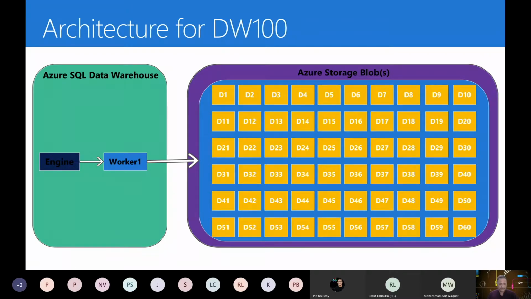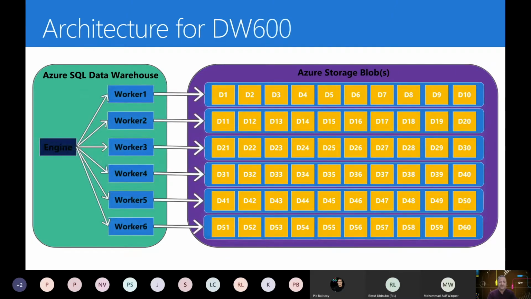So if I select 100, I will get one worker. But let's say I change the number of data warehouse units to 600. In that case, the engine is the same, but now it has access to 6 different workers and it can parallelize the work more. In the same way, if we increase the data warehouse units, we will have more workers. So this data warehouse unit becomes your unit, or degree, of parallelism in terms of how many workers are allocated to your engine.